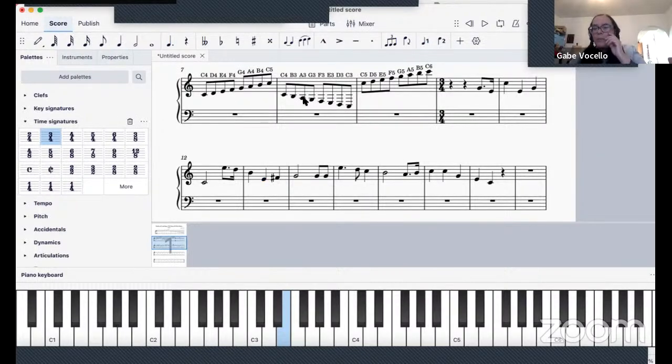Therefore, it's important to know what octave of that note it is.